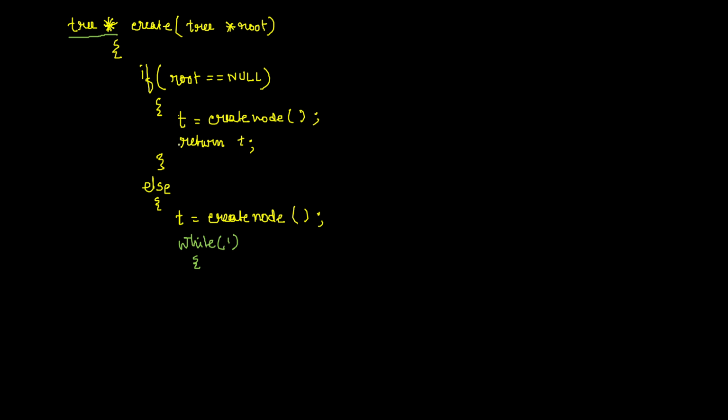Since it was the first time you are creating the node, that's why you are returning t. That is okay. But in the else part, you should return the root again, right? Because at the time of inserting something at the leaf node, it is not changing the content of root. That means you cannot change this root variable.